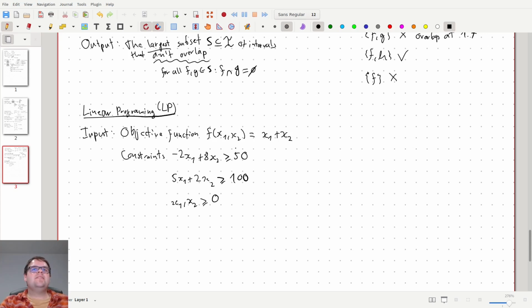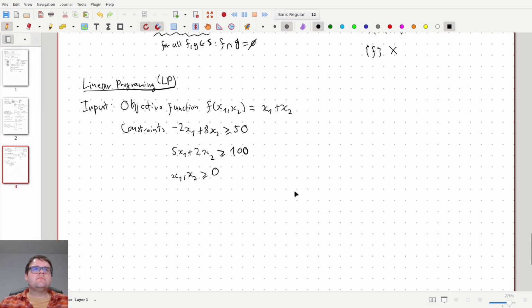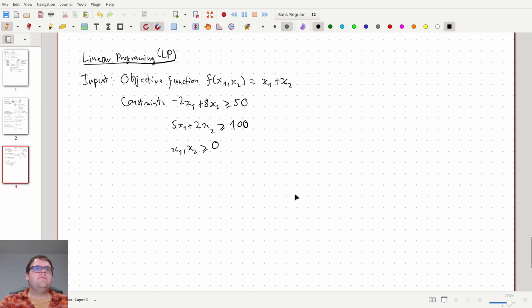That's the idea. This has lots of applications in economics because there usually you want to look at demand, supply, that sort of stuff. So this can be very useful. So what's the output then? The output is a solution, for example x1 equals a, x2 equals b, that does two things.